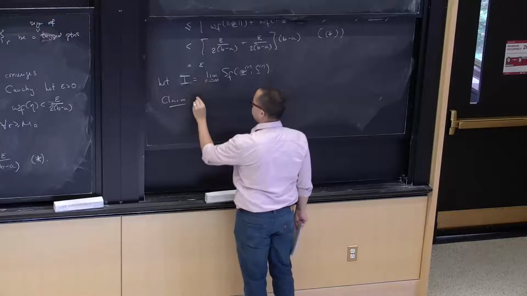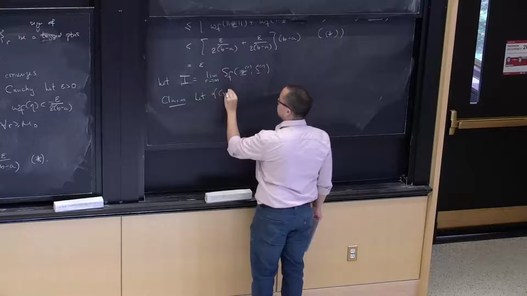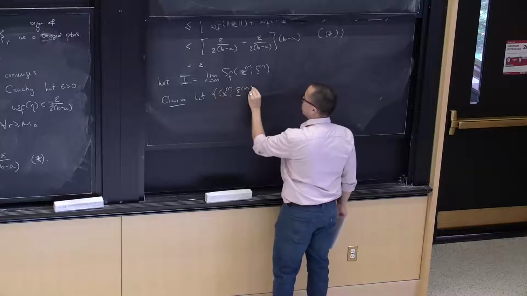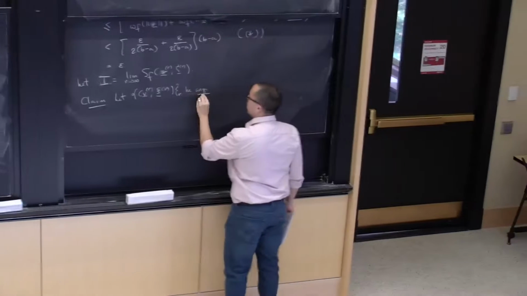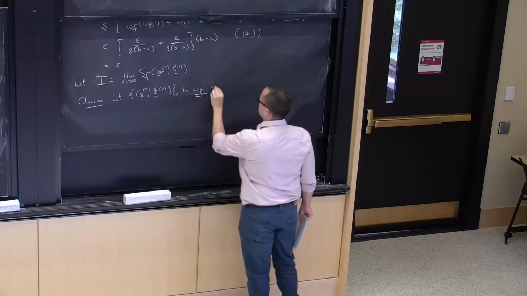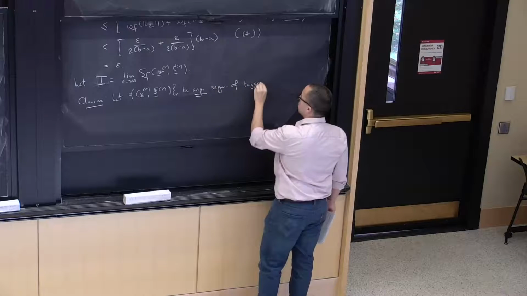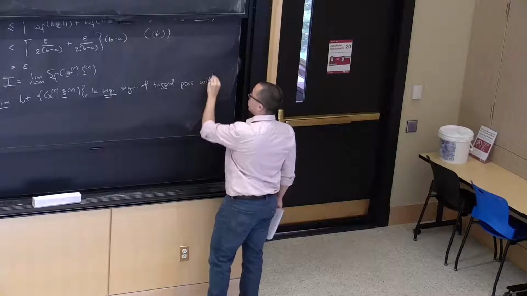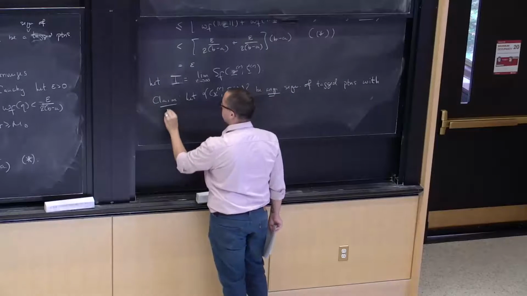So claim, let X be now any sequence of tagged partitions which are becoming finer and finer, so with the norm converging to 0.